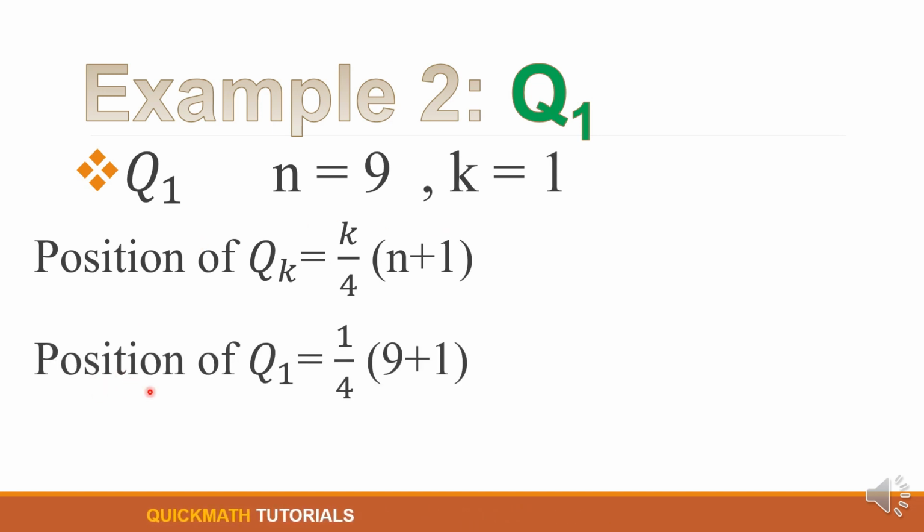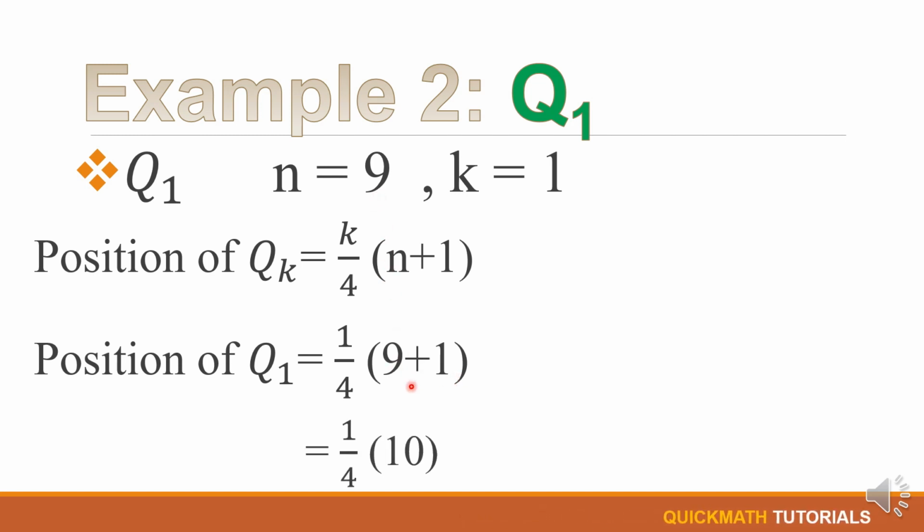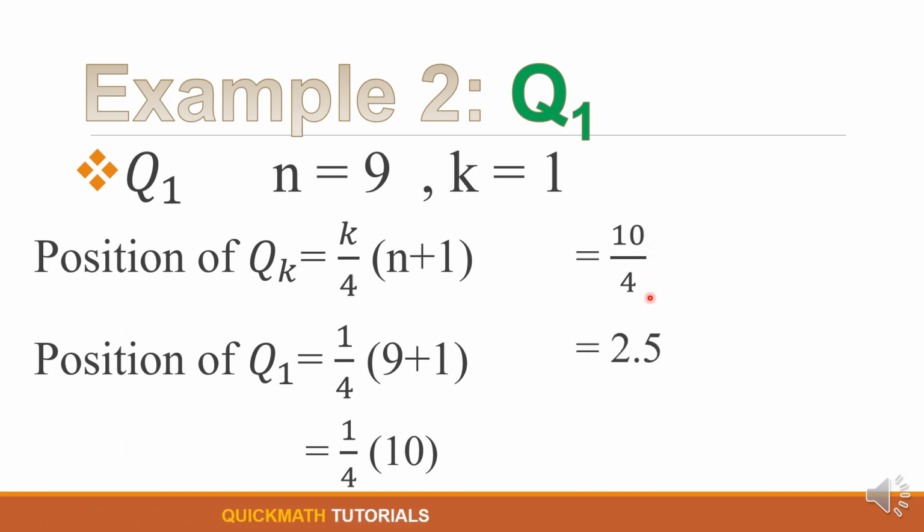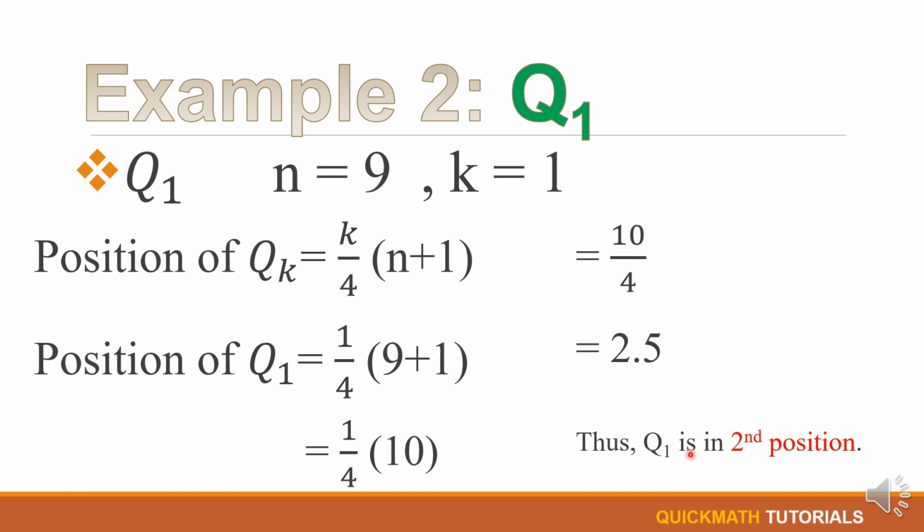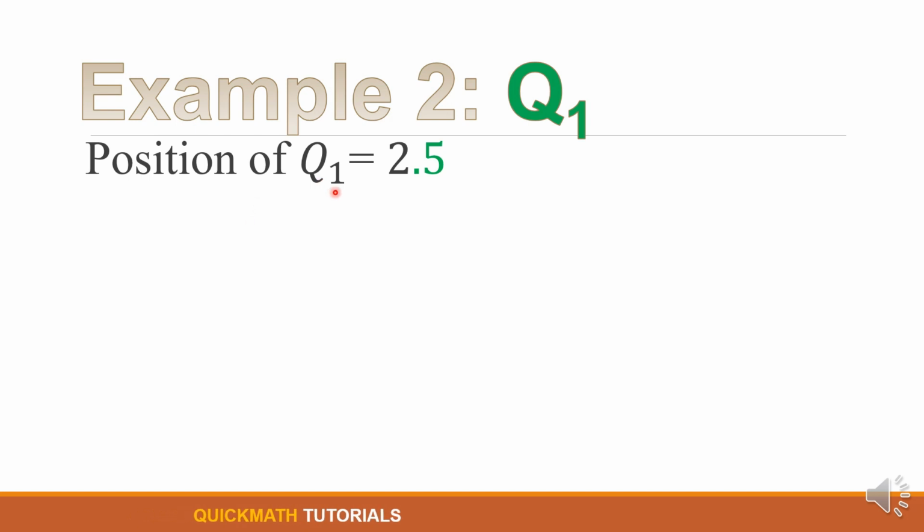So the position of q sub 1 is 1 over 4 times n, which is 9 plus 1. 9 plus 1 is equal to 10, and 10 times 1 is 10 over 4. 10 divided by 4 is equal to 2.5. Thus, the position of our q sub 1 is 2.5, or in the 2nd position.